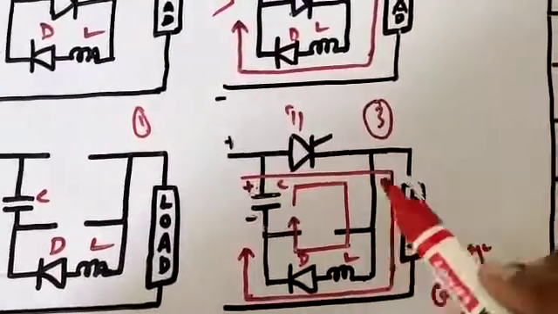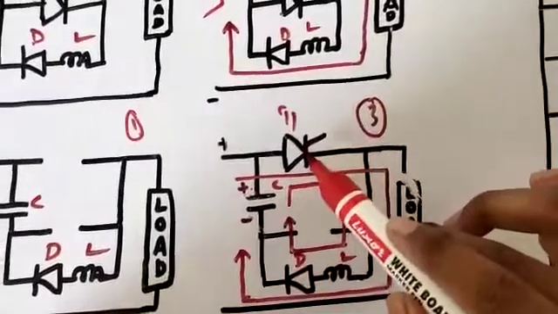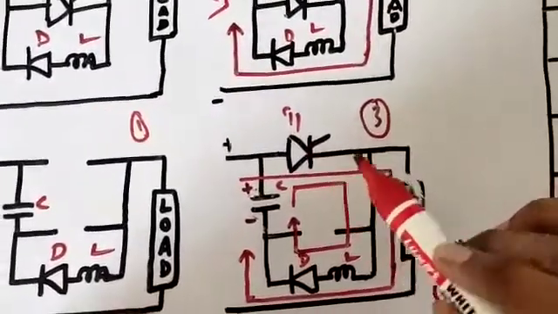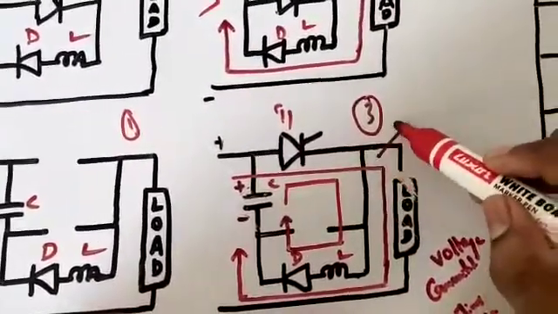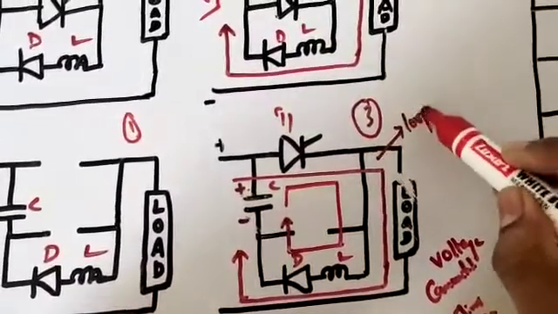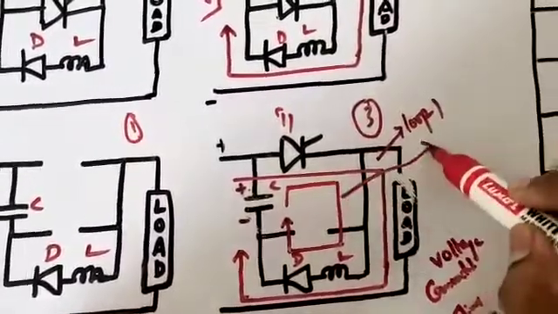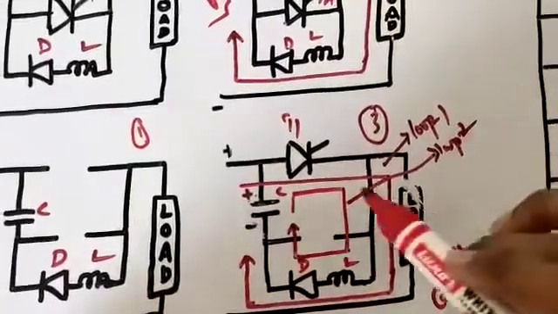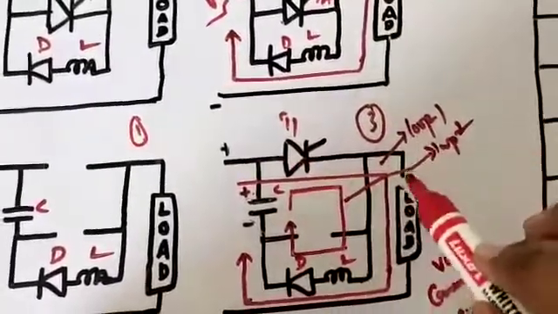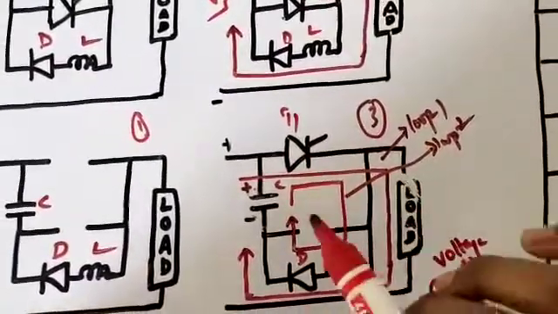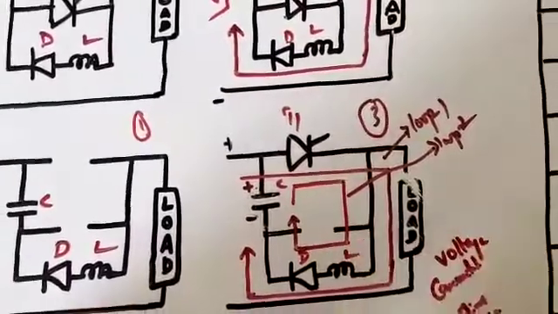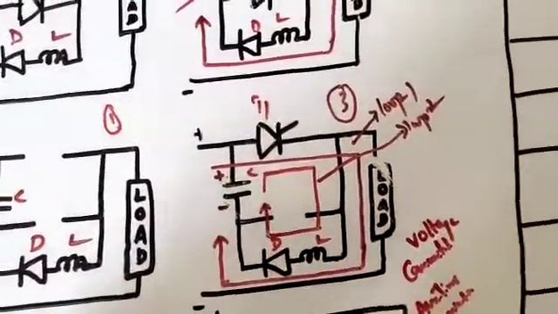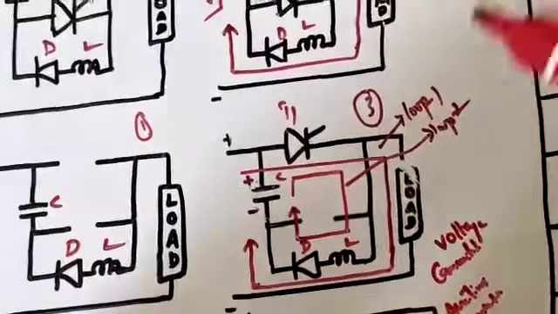Now we would like to turn on T1. So there will be two loops of current, loop 1 and loop 2. Loop 1 flows through the load, the same current, that is the I0 current, and loop 2 concerns the discharging process. Loop 2 is just meant for discharging.